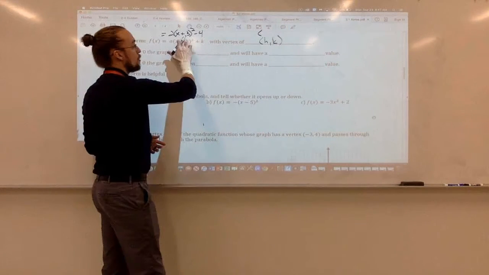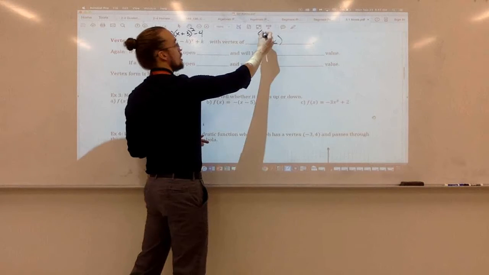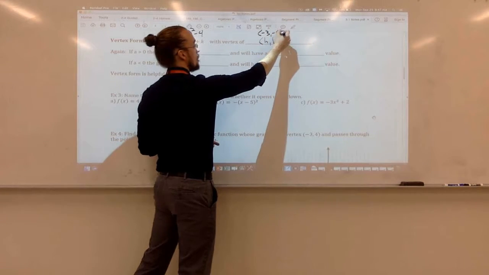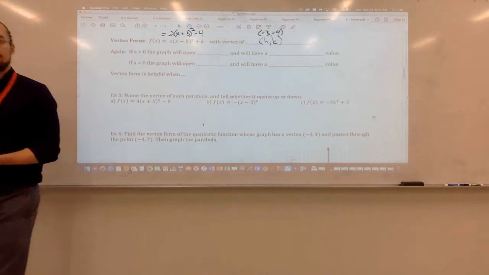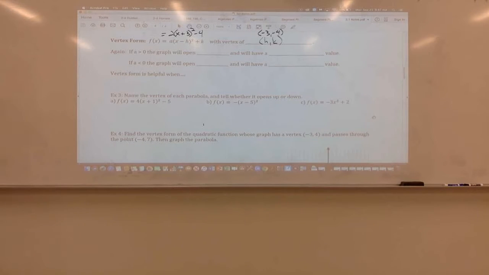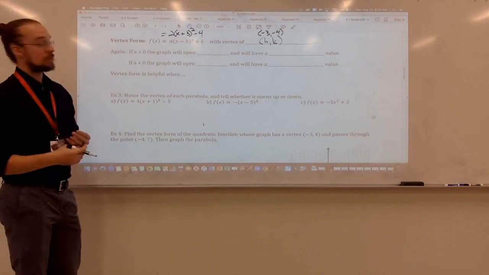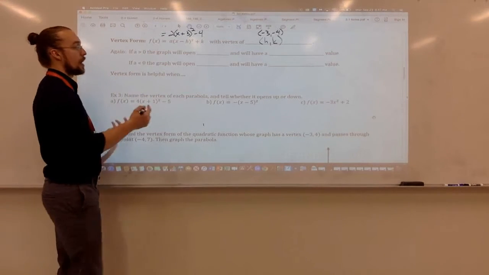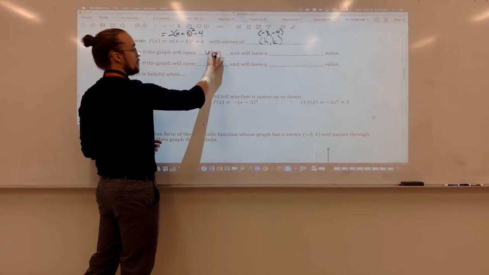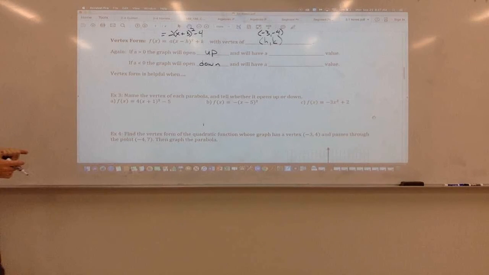So for our example, the vertex would be (-3, -4). Again, just like on the front, if our leading coefficient is positive, the graph will open up. If the leading coefficient is negative, it'll open down.